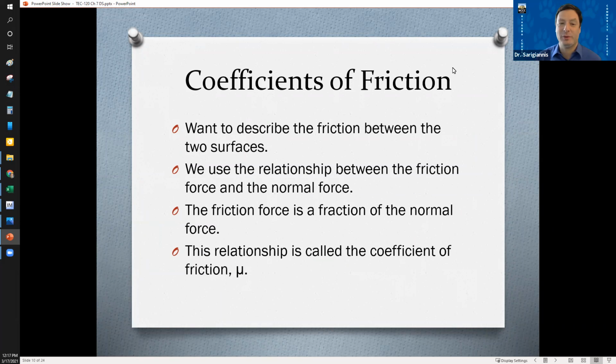This is the coefficient of friction. And this coefficient of friction is given as a relationship between the friction force and the normal force, right? In other words, the force of friction is some percentage or fraction of the normal force. And that relationship is what's called the coefficient of friction, mu.